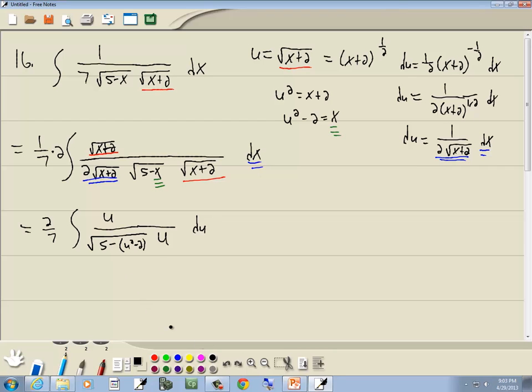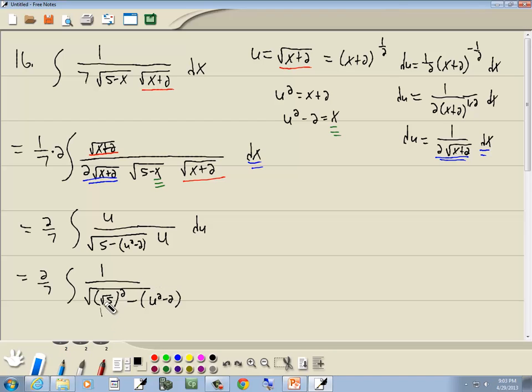Okay, well this kind of works out nice. You notice the u's cancel, and I'm going to have 1 over, and I can rewrite the 5 as the square root of 5 squared minus, can't read my own writing. Is that u squared minus 2?